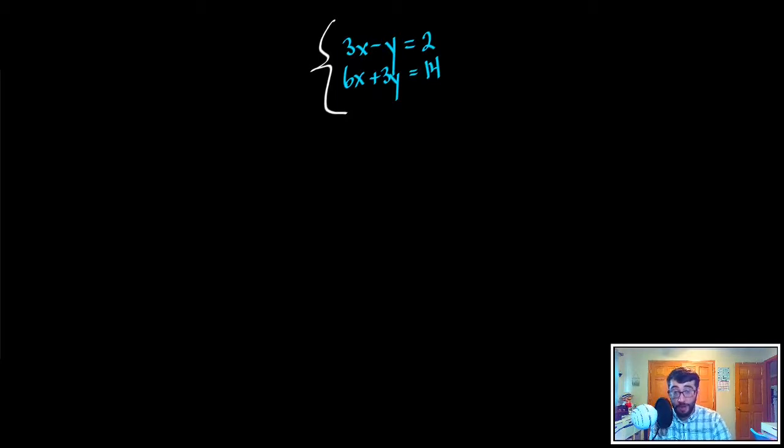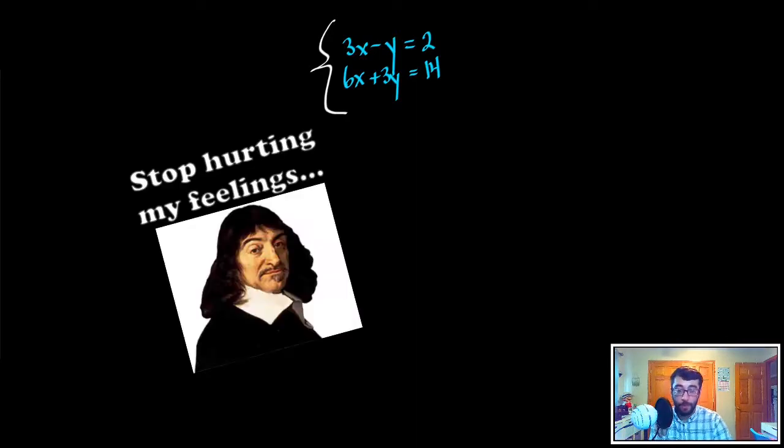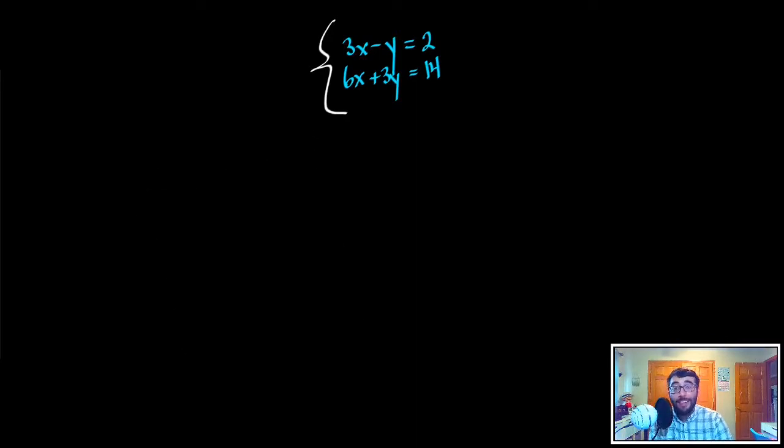Now, elimination means that we want to add these equations together or subtract these equations to where one of the variables eliminates, hence the term elimination. Once again, mathematicians, super creative, okay? So if I were to add these equations together as they were now, nothing would end up canceling, which means I need to alter one or both of the equations.